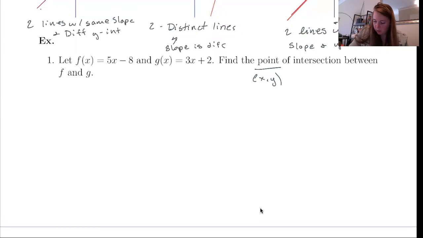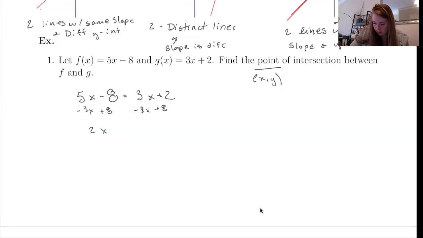Basically, we want to set 5x minus 8 equal to 3x plus 2. They're going to share that point. Since these are both technically y equals, or my output equals, I can just set them equal to each other. So I'm going to add 8 and subtract 3x.